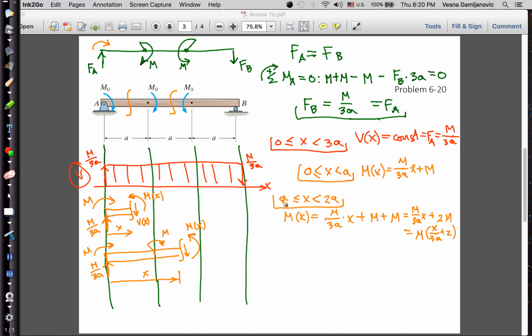And then we have the last one, from 2a, but now we include the equal, and at the very end we do include the equal all the way up to 3a. And for that, our m of x is equal to what? Now again, we have to draw the last one because we're making a cut here.